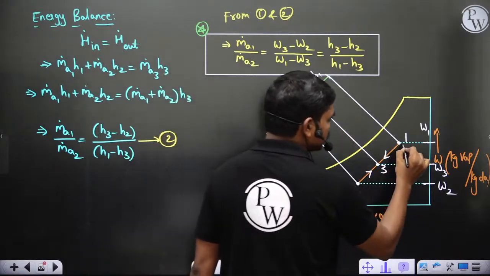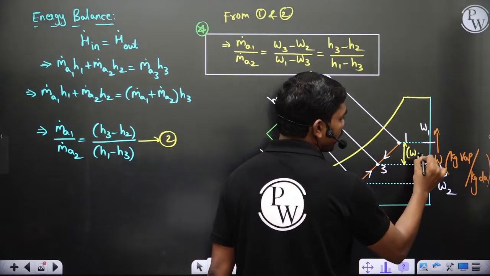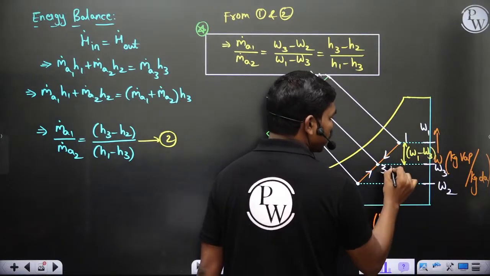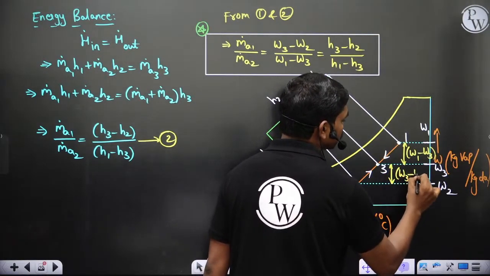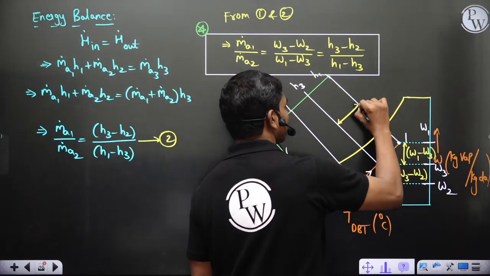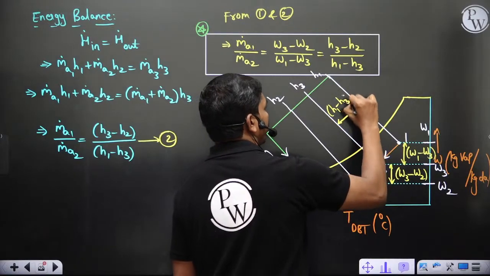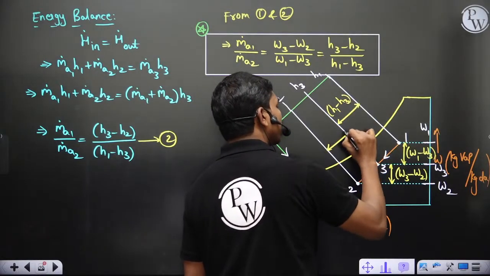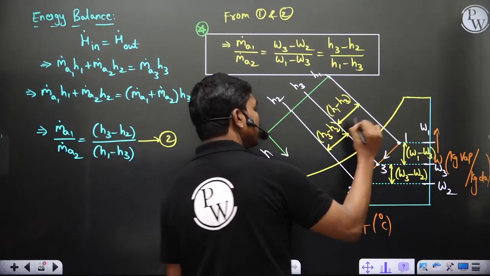This height difference in this diagram is nothing but omega 1 minus omega 3, correct. And what is this height difference here? We have omega 3 minus omega 2. And this difference is nothing but your H1 minus H3, and this difference is H3 minus H2. Okay, so this is what you have.